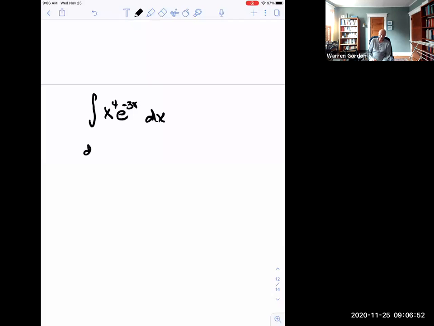Well, if I take my derivative column and my integral column, I just want to show you I can do this problem real fast. Here's x to the 4th, and here's e to the minus 3x.